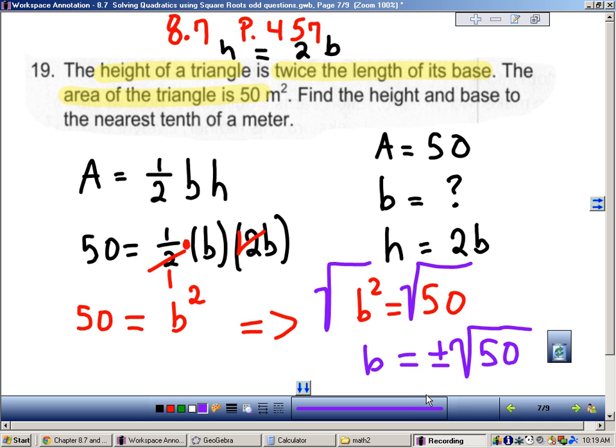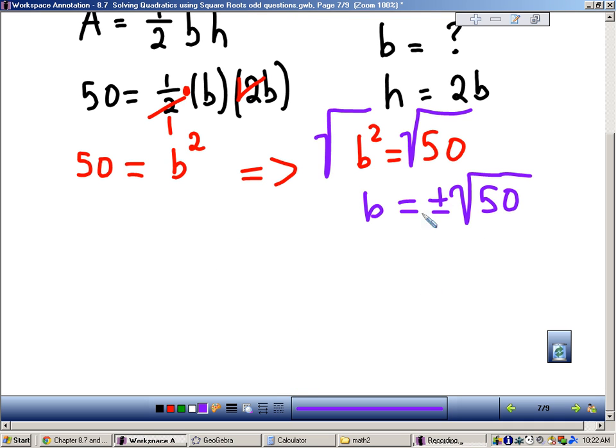If you think about it, 7 times 7 is 49, right? So I have an idea that the answer is going to be very close to 7. And I also know that it doesn't make sense to have a negative length when you're talking about the area of this triangle. So the base is going to be very close to the number 7.